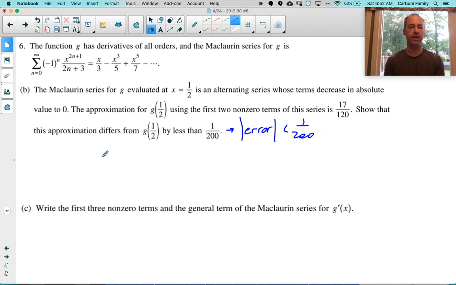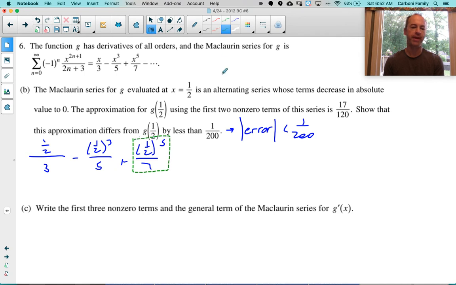And for an alternating series test, that is really easy. We're going to plug in 1/2 for all of my x's. So I have 1/2 over 3 minus 1/2 cubed over 5 plus 1/2 to the 5th over 7. And in an alternating convergent series, which they have laid out the groundwork for you, your error is less than the first omitted term.